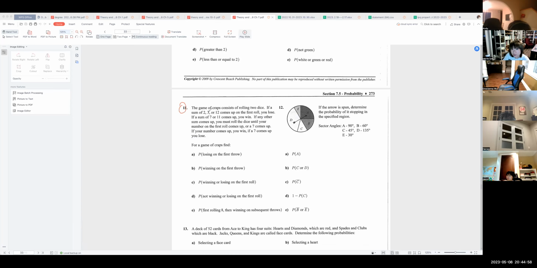Okay. So the game of craps consists of rolling 2 dice.